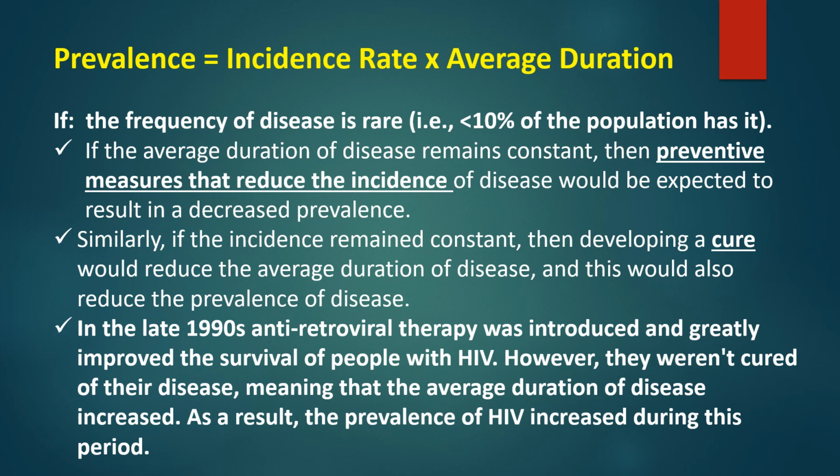Similarly, if the incidence remains constant, then developing a cure means that people will live a shorter period of time with the disease. That would reduce the average duration of a disease. That would also reduce prevalence of a disease.